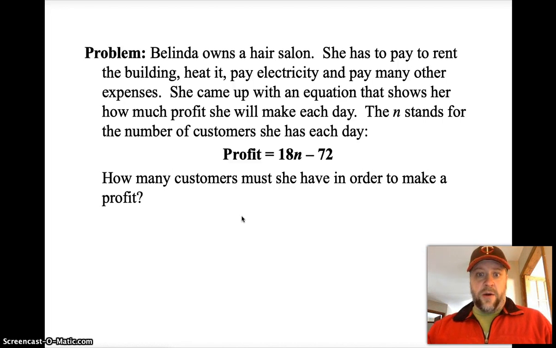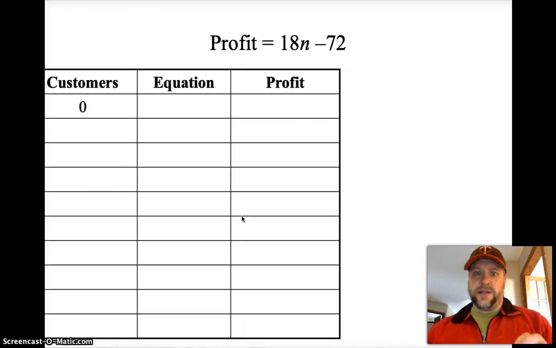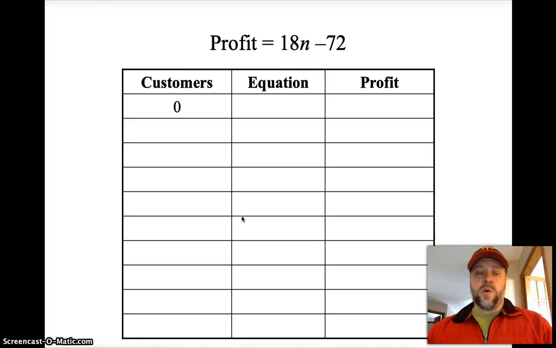Now, we could solve this one way by setting it to 0 and doing our steps, but I want to show you another way to do it. We're going to set up a table. What I mean by a table is a table like this, where we're going to look at the pattern involved. You remember this as in and out tables from Everyday Math when you were working in the younger grades.